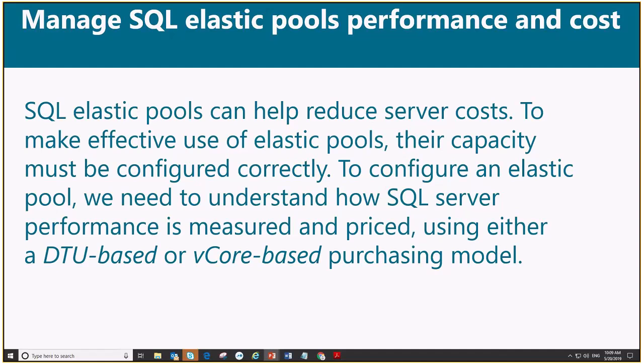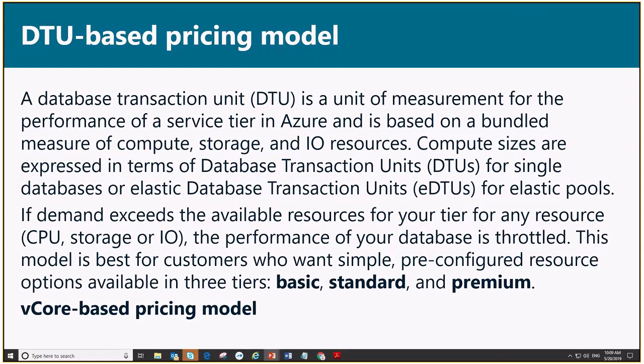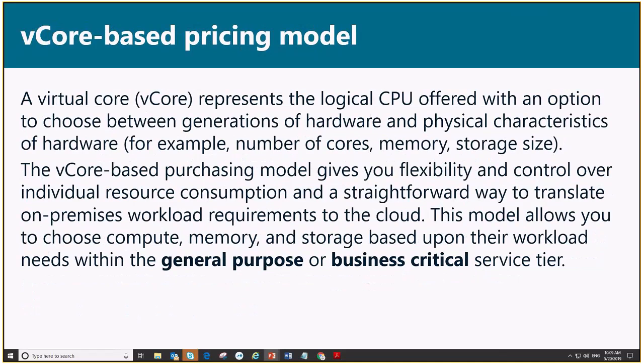For Elastic Pool, we need to understand how SQL Server performance is measured and priced using DTU or vCore models. Based on that, we decide how the SQL Server Elastic Pool is going to run. Is it DTU based? DTU based means that we're using basic, standard, and premium.